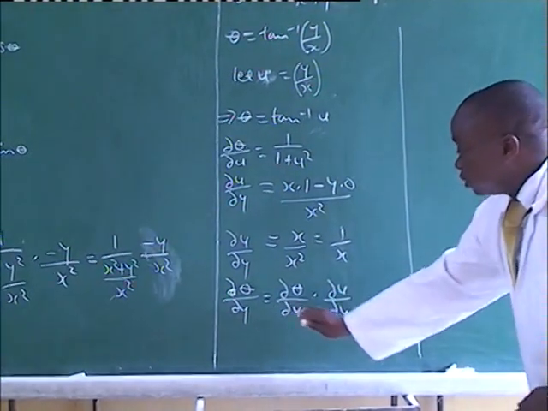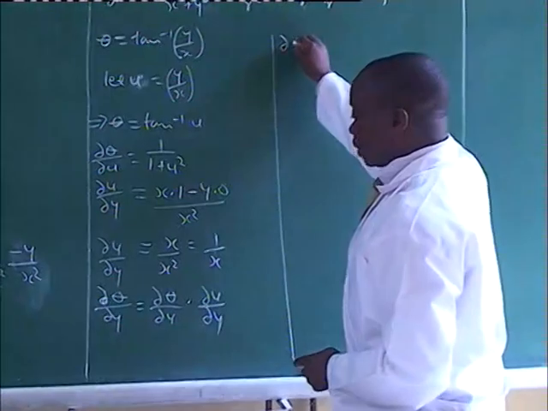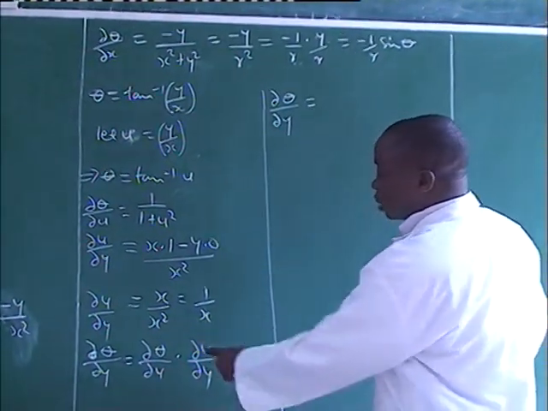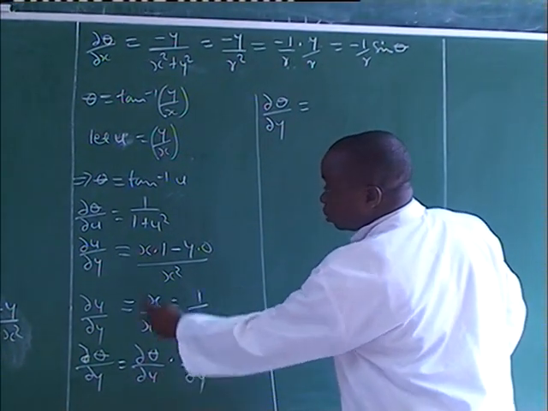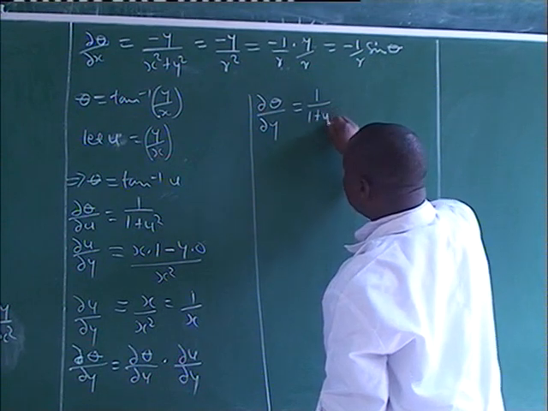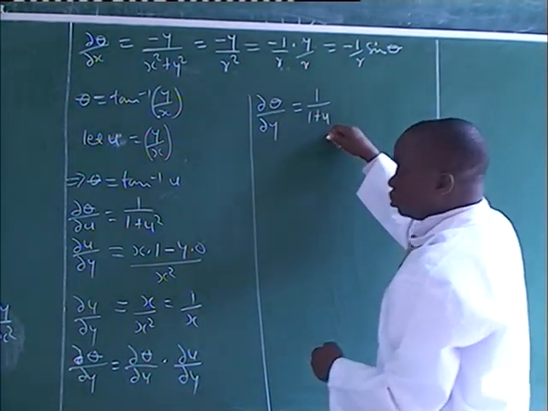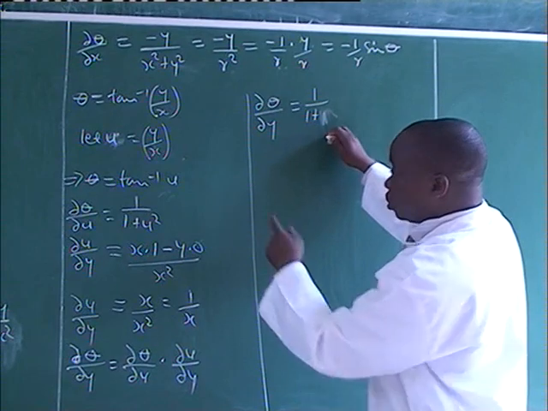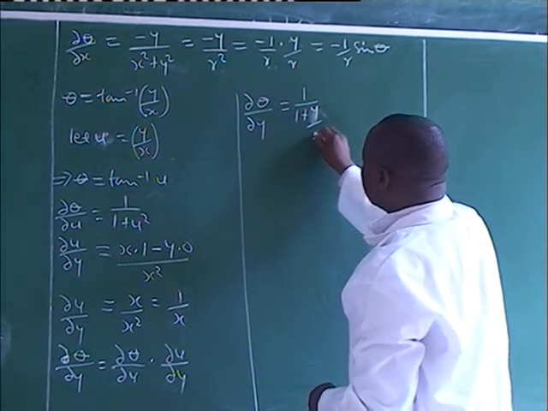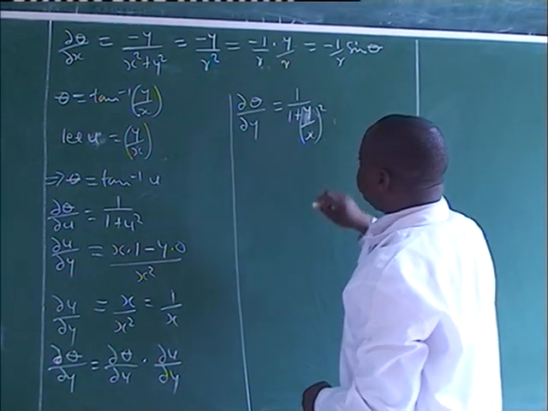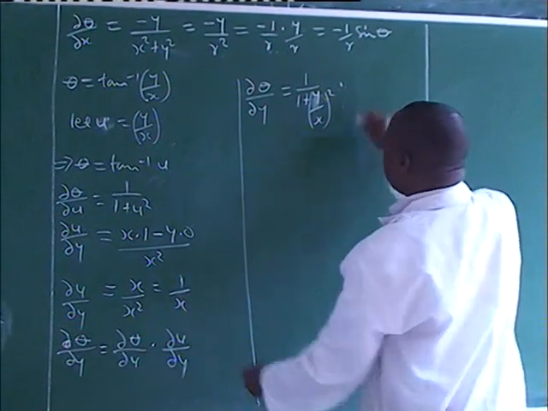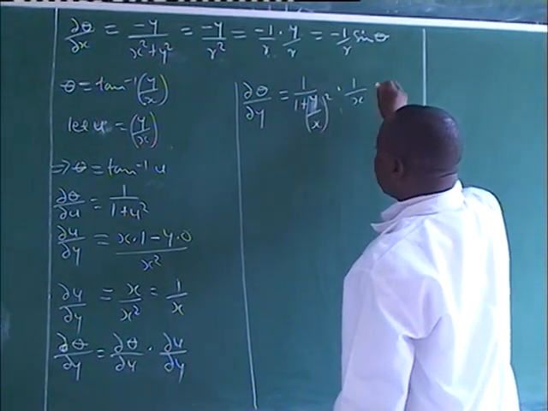Now, if I substitute this, I will have that partial theta partial y is the same as partial theta partial u. Now partial theta partial u is 1 all over 1 plus u squared, and then we know what the u is: that is y over x squared, times partial u partial y, which is 1 all over x.